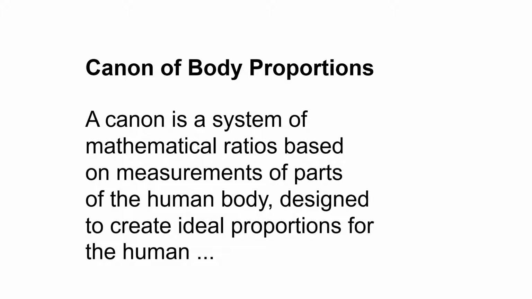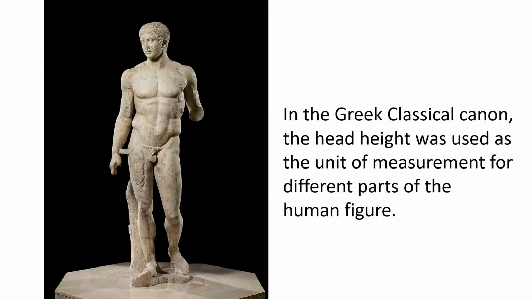A canon is a system of mathematical ratios based on measurements of parts of the human body designed to create ideal proportions for the human. In the Greek classical canon, the head height was used as the unit of measurement for different parts of the human figure.